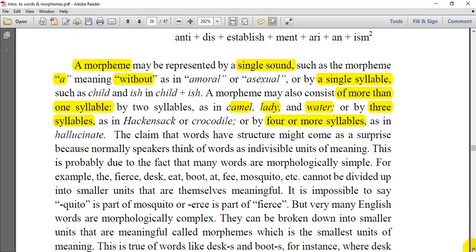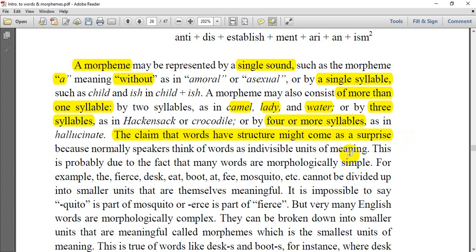The claim that words have structure might come as a surprise. Why might the claim that words have structure come as a surprise? Because normal speakers think of words as indivisible units of meaning.